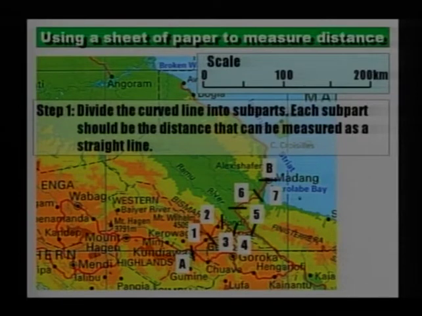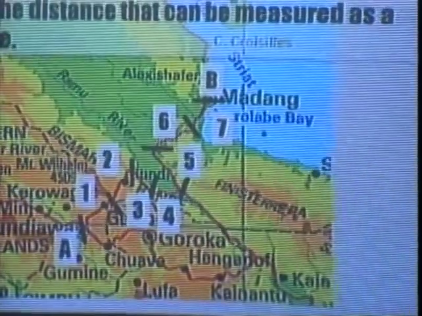If you look at the example that has been given, you will find there are so many different subparts because we are trying to find a straight line distance in each of those subparts as we are measuring the distance. So for the point here, I have ended up with seven subparts, of which those 7 subparts are all of different distances, and they are all straight line distances between one point to the next.